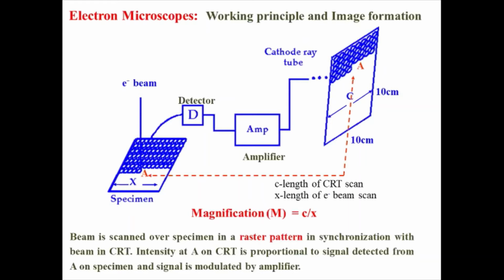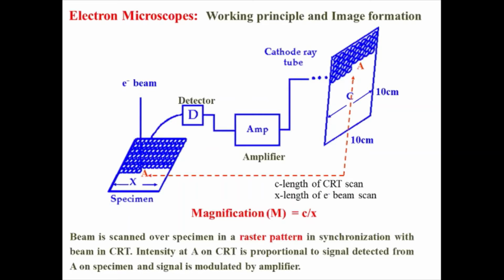So in an electron microscope, the image formation occurs point by point. From every point on the specimen, the interaction output is collected and used to generate the image. Whereas in the case of an optical microscope, the photons are made incident at a time, and the reflected or transmitted photons are gathered at a time and the image is generated.